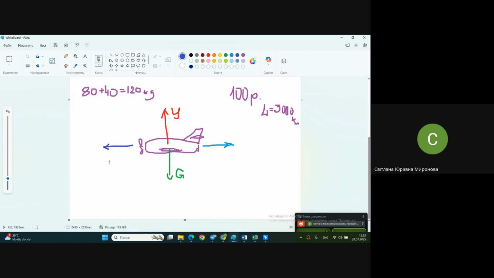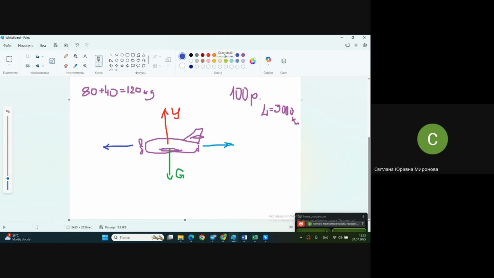Now, how may we approximately understand the weight of the airplane? We may study statistical data. There are so-called relative weights of airplanes. Maybe it's too early for you to understand right now. For each class of airplane, for particular ranges, particular altitudes, we already have a lot of airplanes, and we may analyze the statistical data and find some similarities between these airplanes.